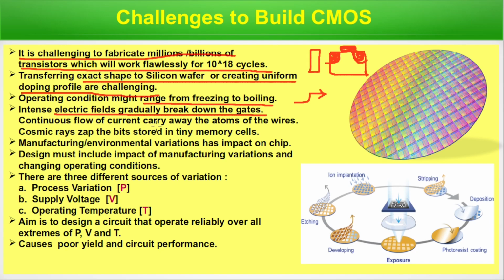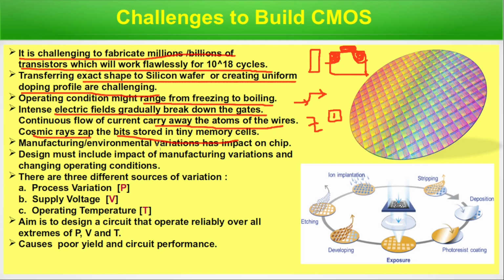Continuous flow of current carries away atoms of wires. That is electromigration. Now, another issue is cosmic rays zap the bits stored in a tiny memory cell. Memory cells are there and each of them has some bit stored in that. So a stored bit can be changed because of interference of cosmic rays. That could be a challenge.